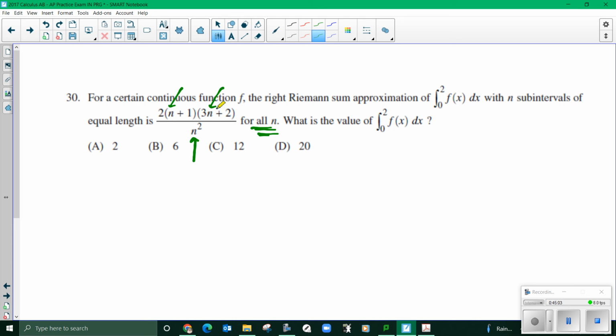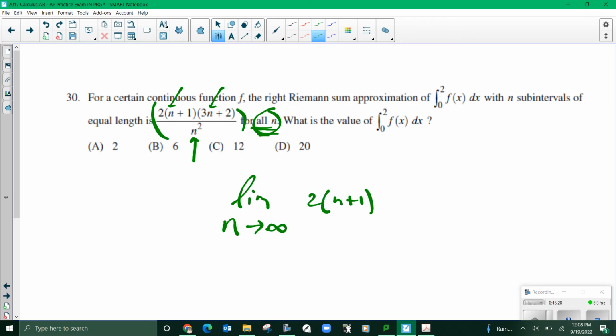So I want to find the limit as n goes to infinity for all n. Oh, I put an x. I had x on the brain. It should be n. Of my function right here: 2n plus 2 times 3n plus 2, all over n squared.